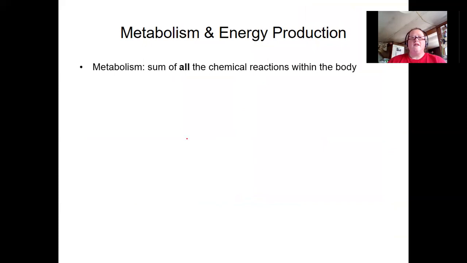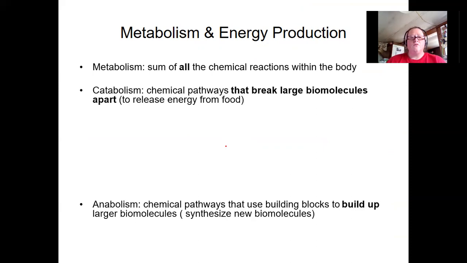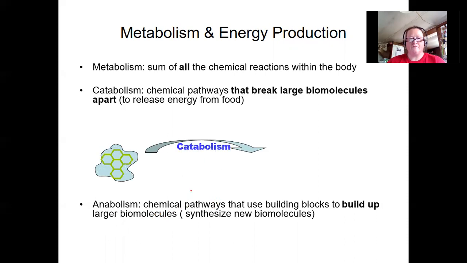A definition of metabolism is the sum of all of the chemical reactions within the body. In our body, we take large molecules and break them down, typically to release energy from food, and that is catabolism. And we take those smaller molecules and use them to build things up, and that's called anabolism.